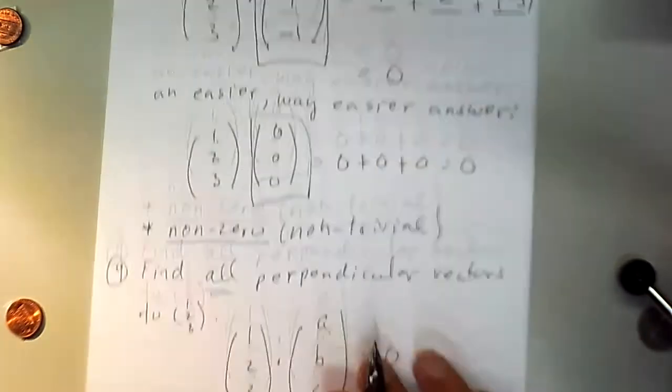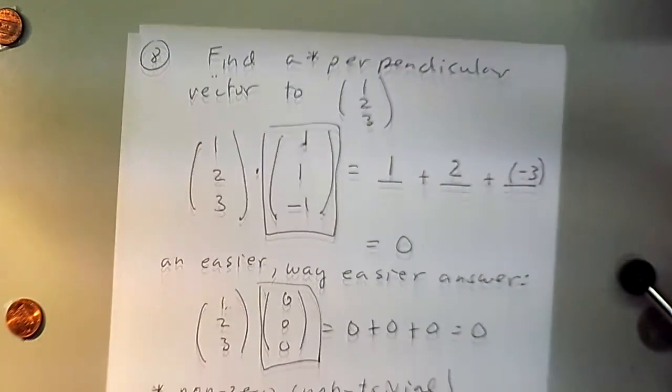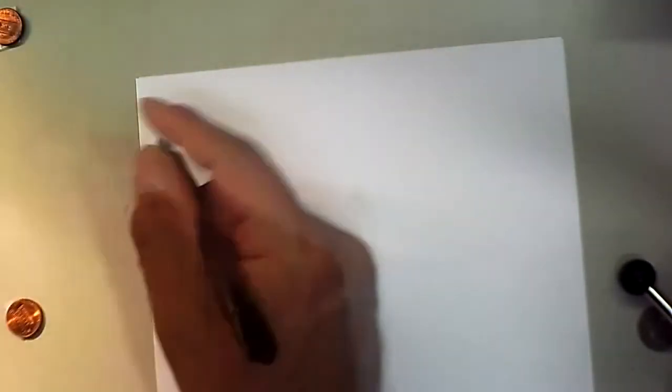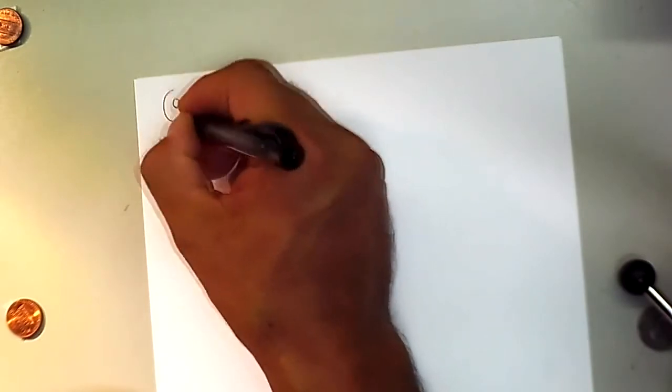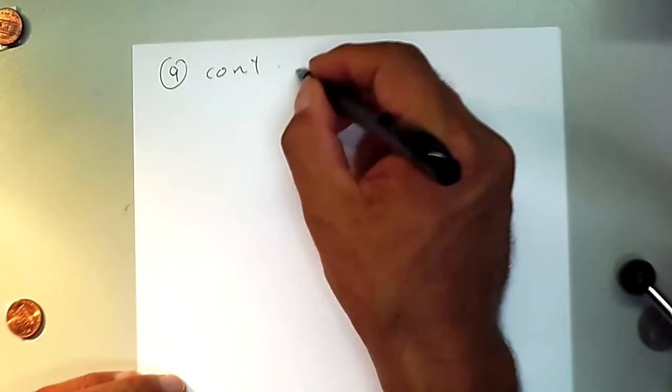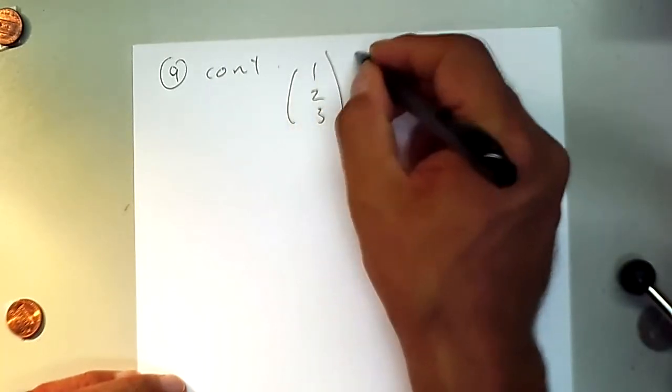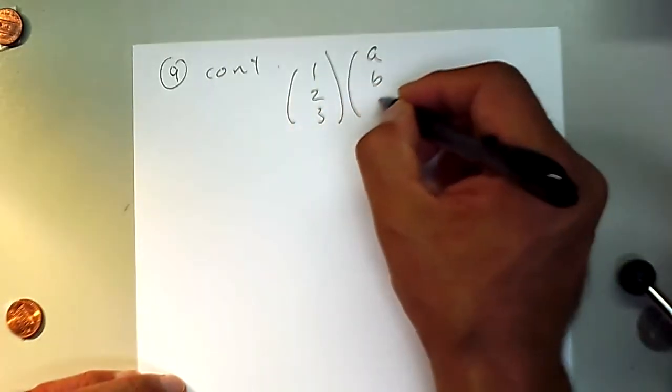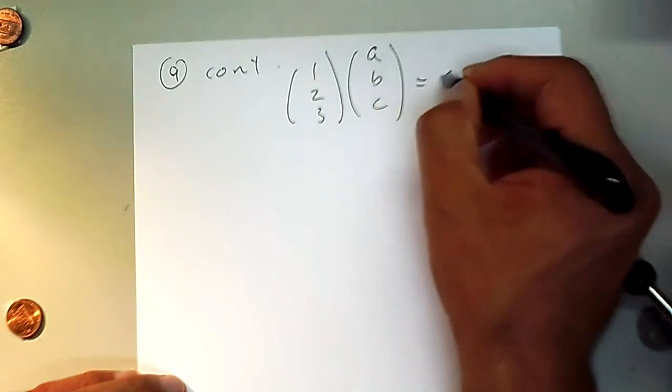Okay, so this is my example 9, and we're going to continue with this example. So again, we have 1, 2, 3. We're going to multiply with A, B, C, and obtain 0.